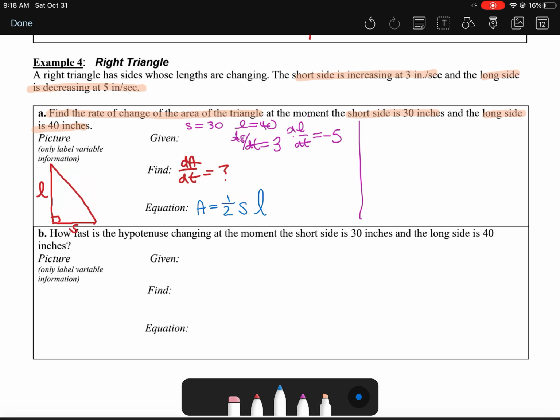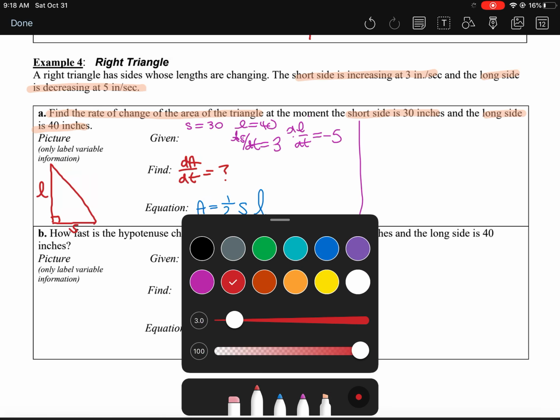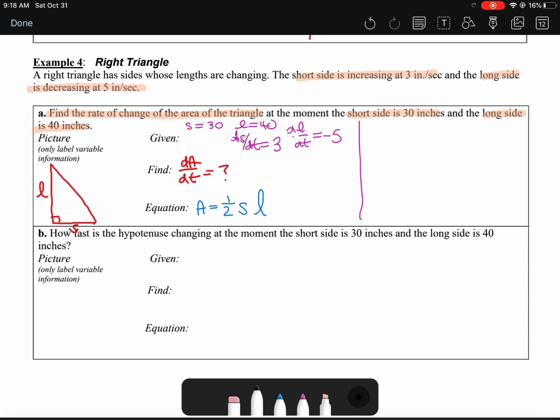Okay, so now we can go ahead and take the derivative. So I have dA/dt equals, now I'm always putting that constant on the outside. So there's a 1/2 times S times L. So I have to use the product rule, but I'm putting my constant on the outside.